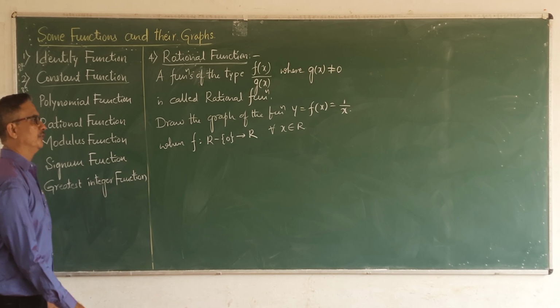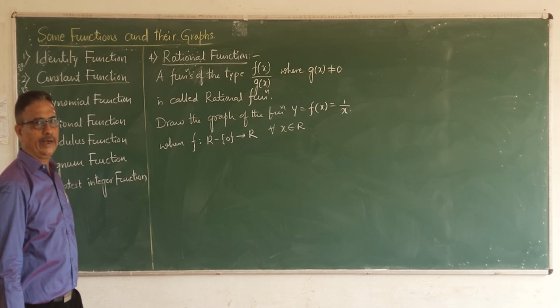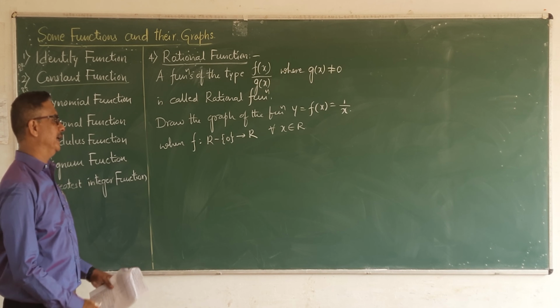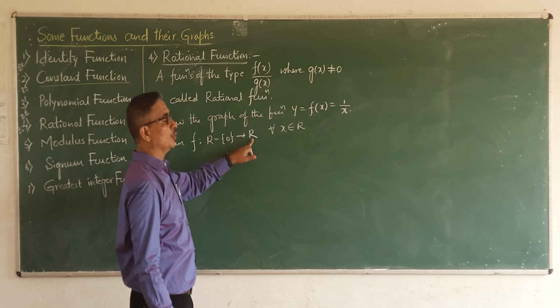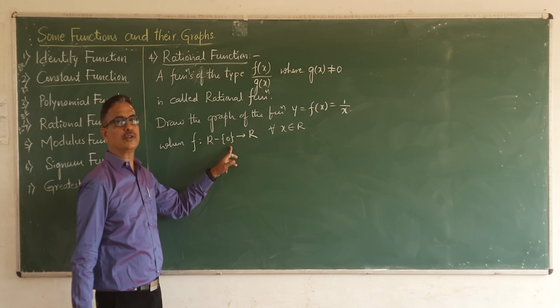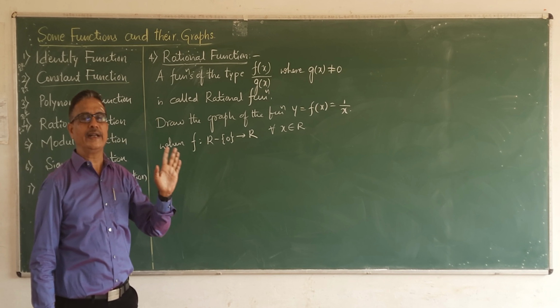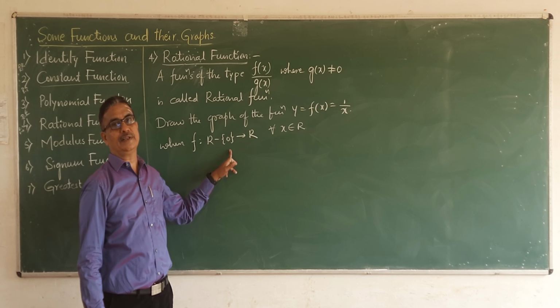Draw the graph of the function y is equal to f of x, that is equal to 1 by x, where f is a function from R minus 0 to real numbers. R minus 0 means what? The set of all real numbers except 0.